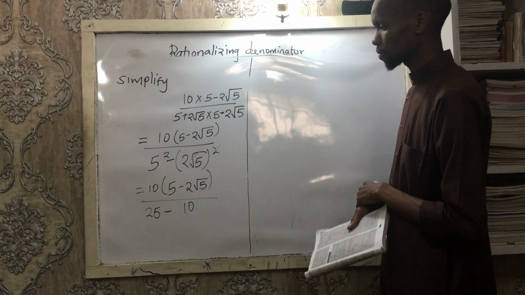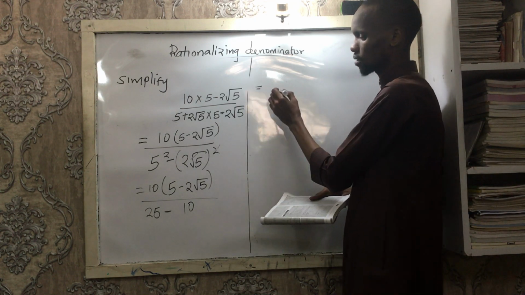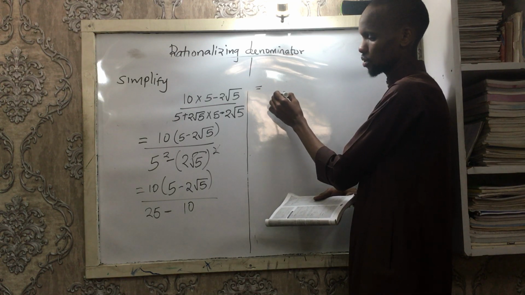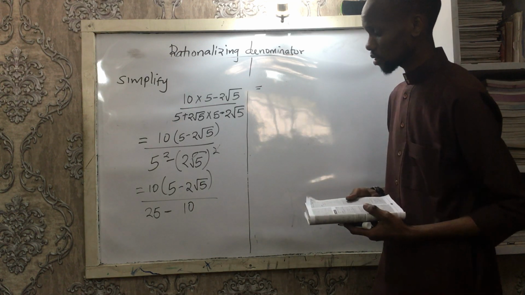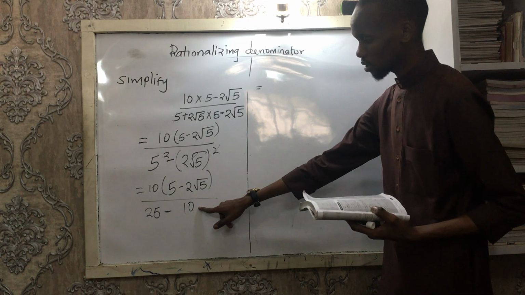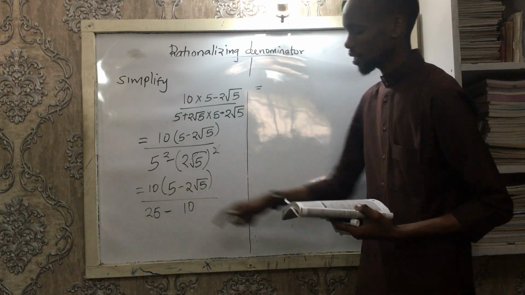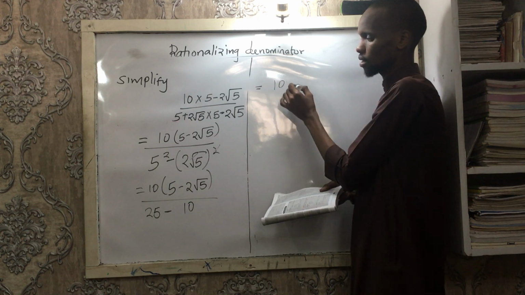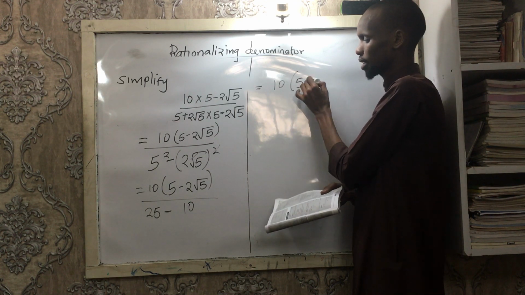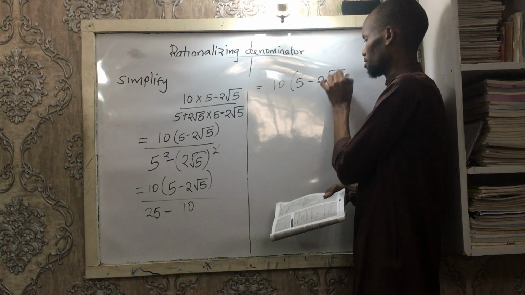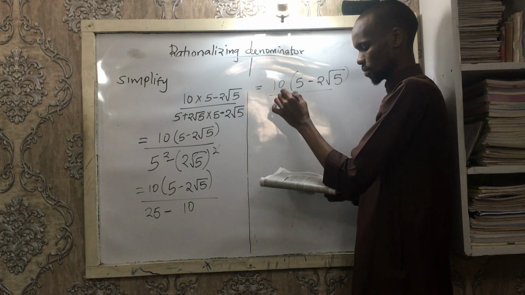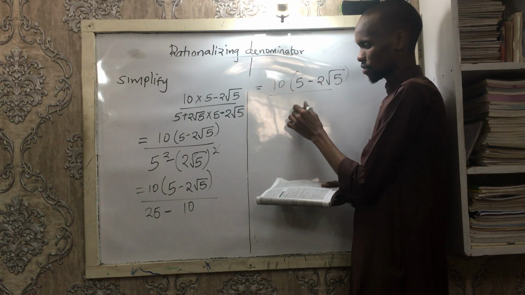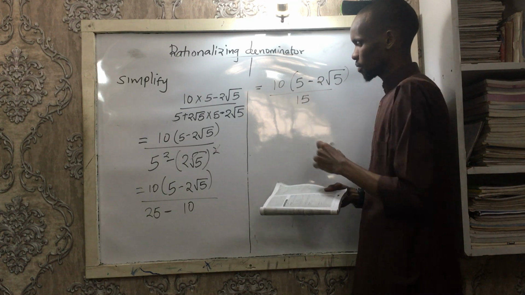We continue. So we'll have here 10 into bracket 5 minus 2 root 5 over 5. That's what we are going to work on.